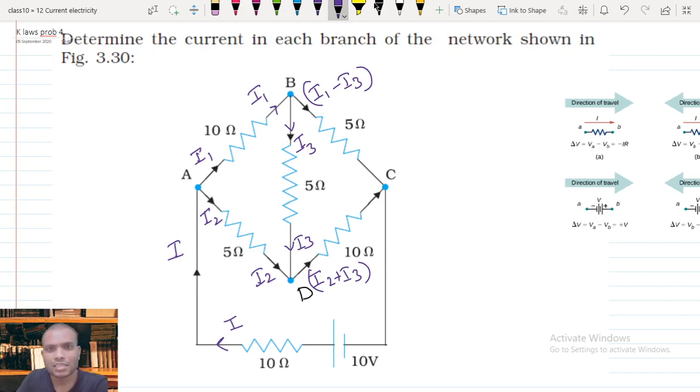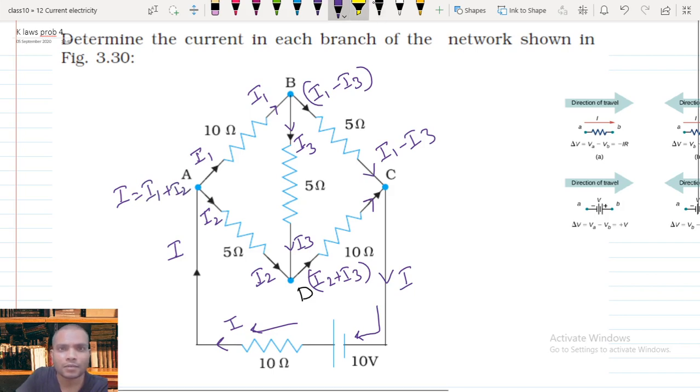Now come back to junction C. The same current is flowing through the 5 ohm resistance. Here it is I1 minus I3, and here it is I2 plus I3, and if we add up, we end up with I1 plus I2. It means the same current I will flow back, the same current I started with. At junction A, I equals I1 plus I2.